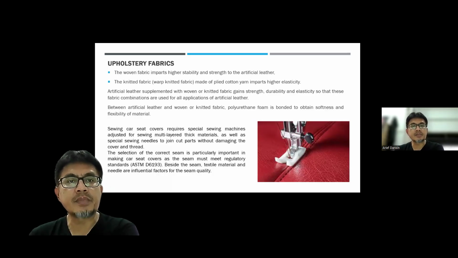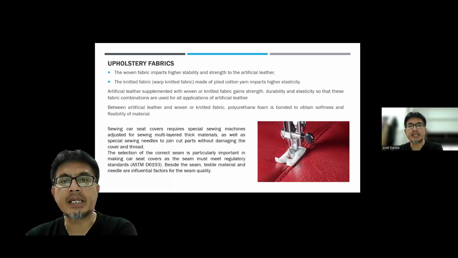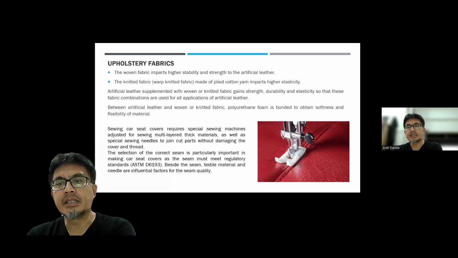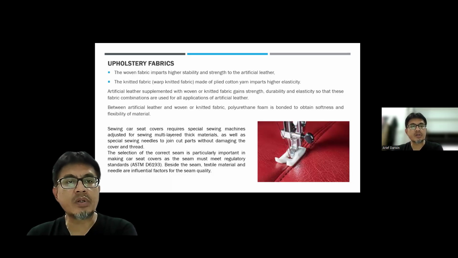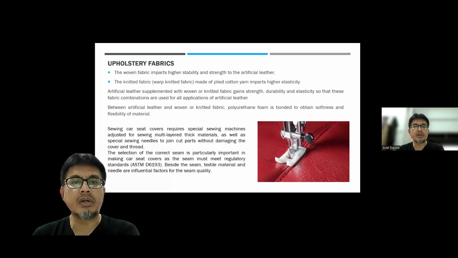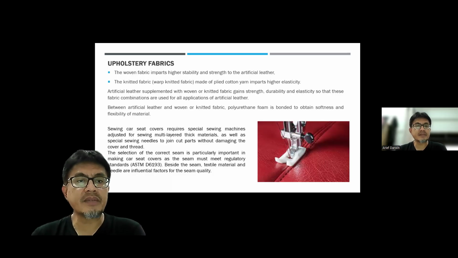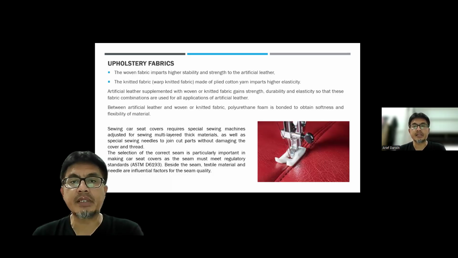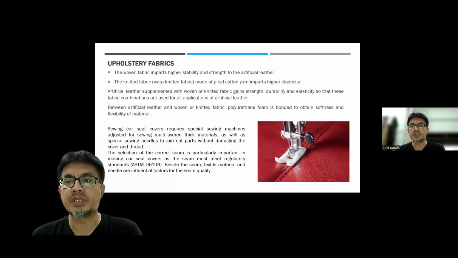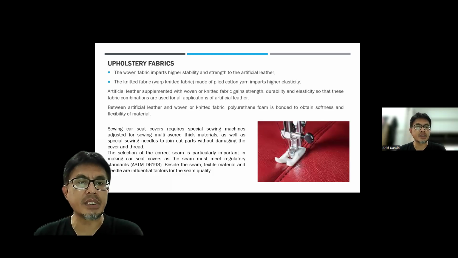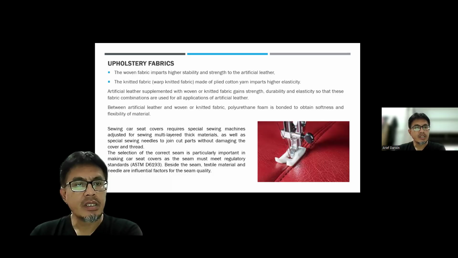Artificial leathers supplemented with the woven or knit fabric gain strength, durability, and elasticity, so that these fabric combinations are used for all applications of artificial leather. Between artificial leather and woven or knit fabric, polyurethane foam is bonded to obtain softness and flexibility of the material.